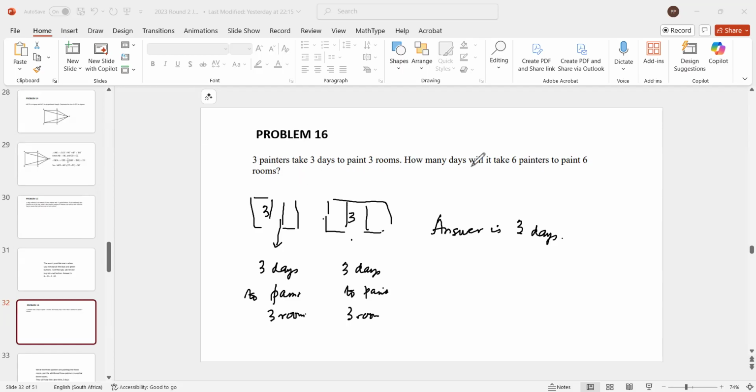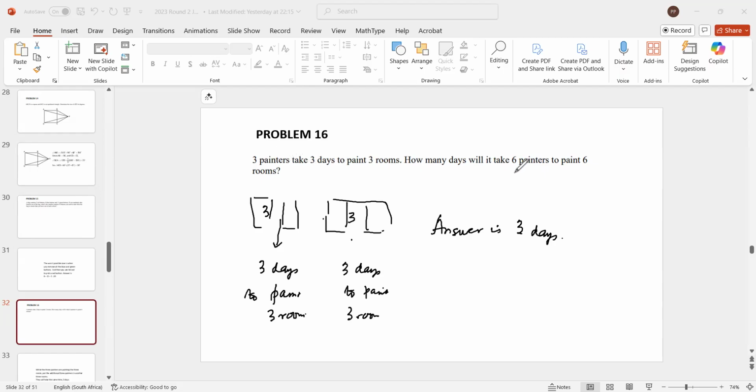So if you had 6 painters, they would paint in 1 day half a room. See? Three painters will paint 1 room in 1 day. So they need 3 days to paint 3 rooms.